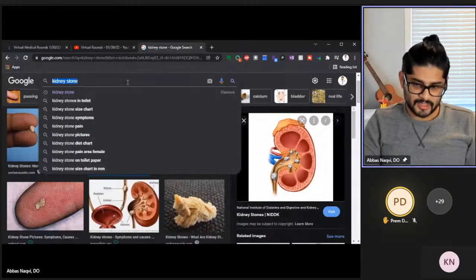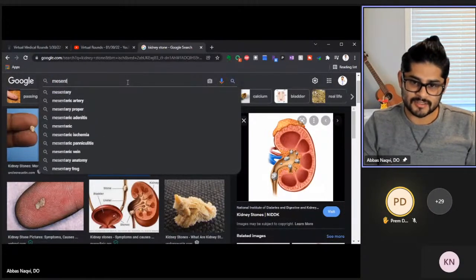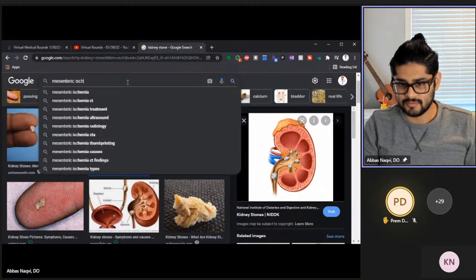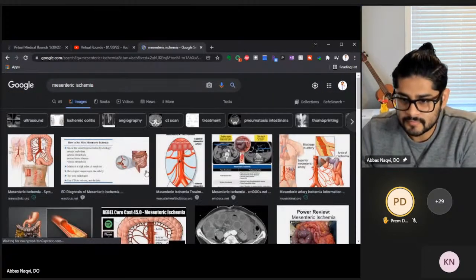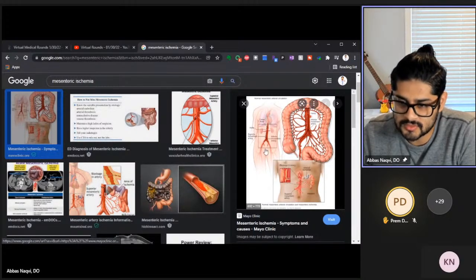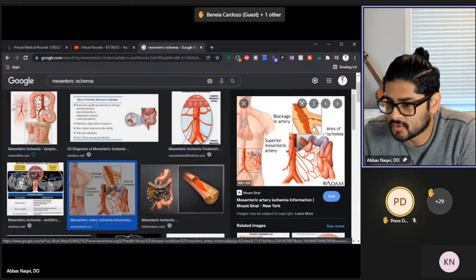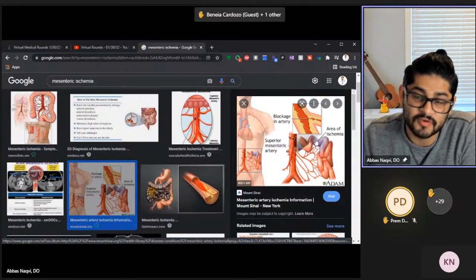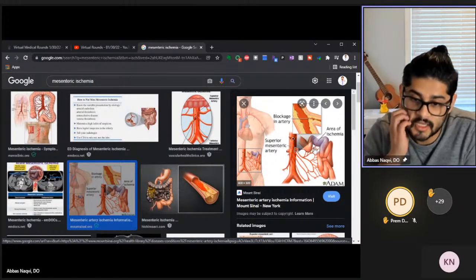You can get something like a mesenteric ischemia, where the arteries coming off of the aorta and supplying the colon and the small bowel get blocked off. So you have blockage of the artery here, and just like in the heart, you can clot it off, and then you have an area of ischemia. You have an area of gut that is dying that can cause pain.